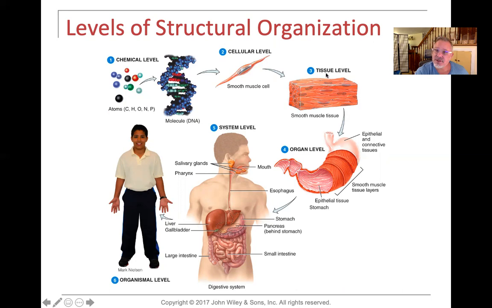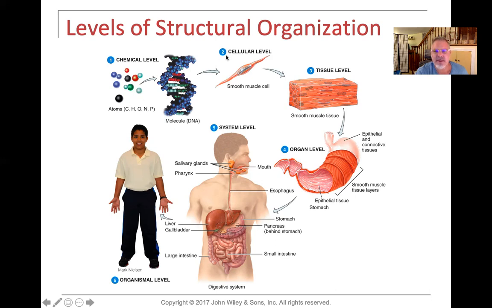And then a bunch of tissues come together to make up organs, and then similar organs that work in alignment with one another, like we see here between the mouth and the esophagus and the stomach and the liver and the intestines. Now we have an entire system, in this particular case, the digestive system. And then when we take all the 11 systems together, we get the organism.